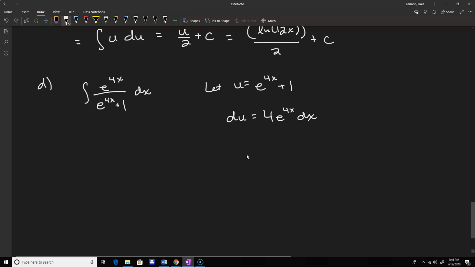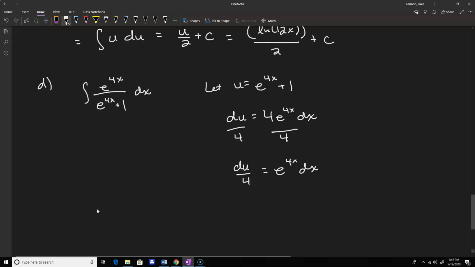And again, you can go ahead and solve for dx if you want to cancel, or you can just say, well, I want to leave the e to the 4x there because that's in the numerator, so maybe it just depends on your preference. Typically I would just divide by 4 and say, okay, e to the 4x and dx can both be replaced by du over 4. But I've seen both ways. So let me do it this way. Du over 4 is the same as e to the 4x dx.